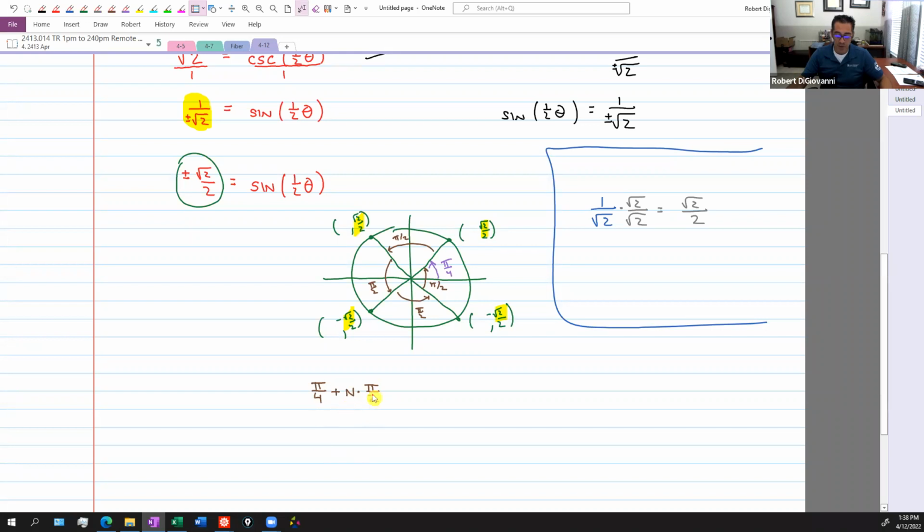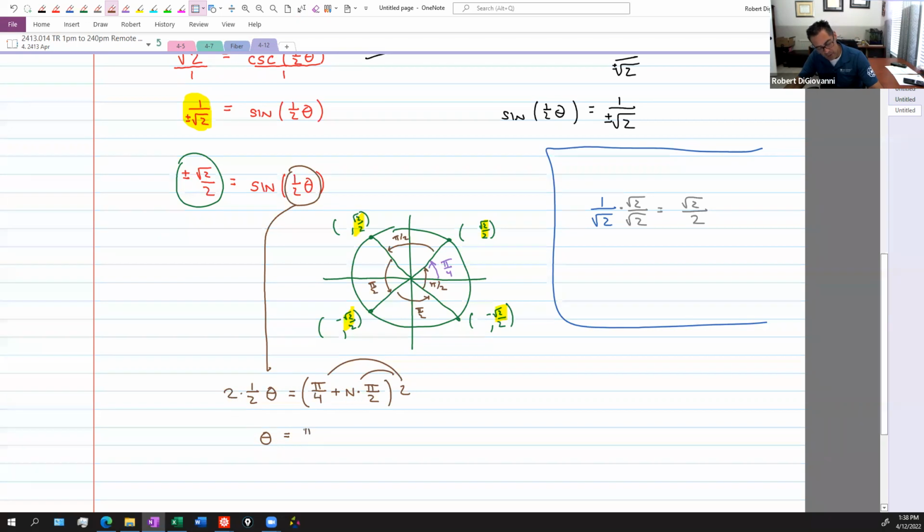This is my general solution. So what we want is that the argument in the sine function, 1/2 theta, must be equal to this. Now multiply both sides by 2. And when you multiply this side by 2 and distribute through and then multiply here, it'll go away.